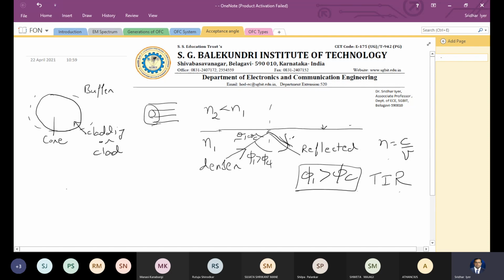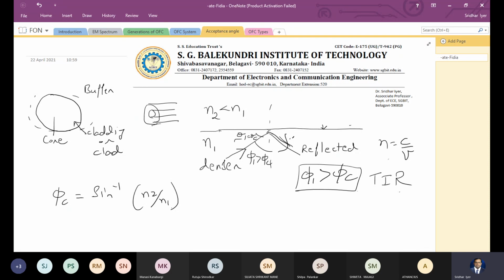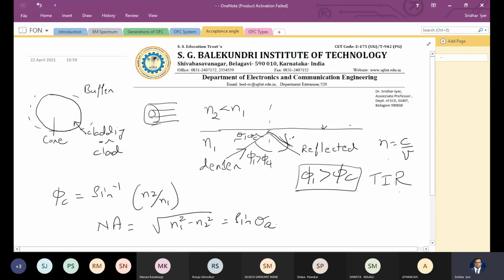We also discussed the equation for critical angle. So we found that phi c should be sine inverse of n2 divided by n1. So this critical angle is only dependent on the refractive index of the two mediums, that is the core and the cladding. Right? We also discussed something which is known as the numerical aperture, NA, which is given as root of n1 square minus n2 square, or sine theta A, and we discussed acceptance angle.